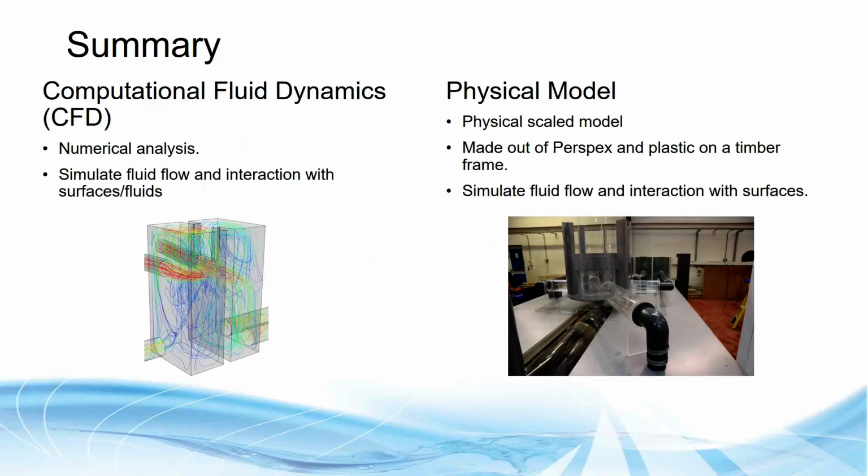So first of all, Hydek is primarily a modelling company. We specialise primarily in CFD and physical models. CFD is using a computer numerical analysis of various systems where we simulate fluid flow and interaction of this fluid with other fluids and structures.